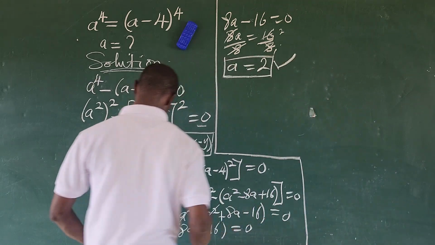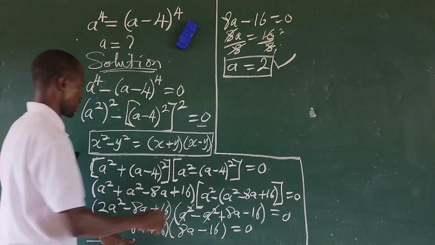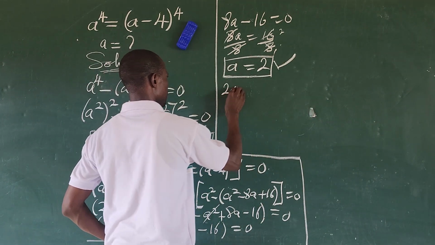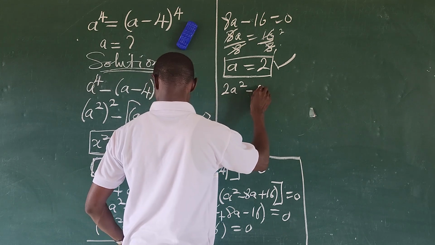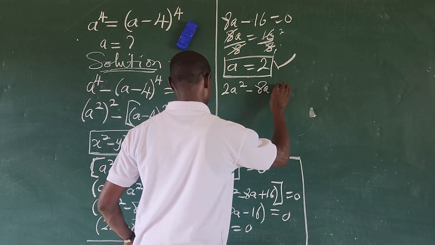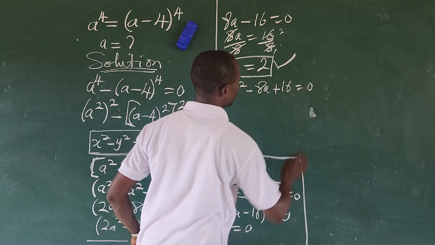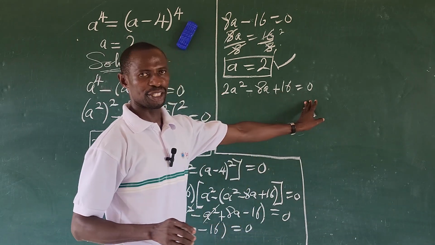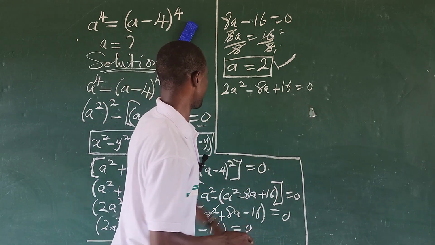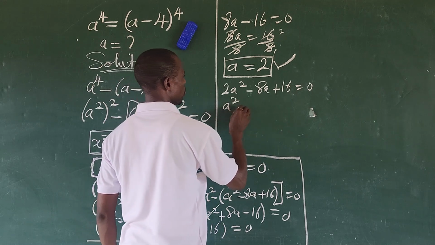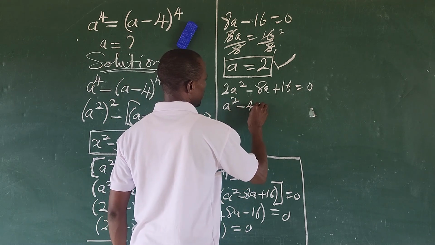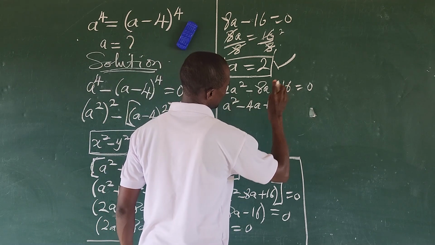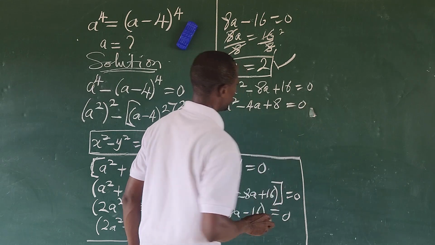All right, so let's go ahead and solve for the second expression, which is here. We have our 2a squared minus 8a plus 16 equal to 0. So what we do here, you discover that 2 can divide through everything. So if we use 2 to divide through, we're going to come up here, a squared minus 4a plus 8, equal to 0.